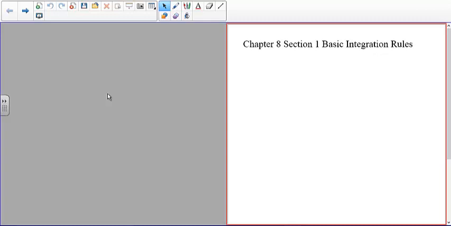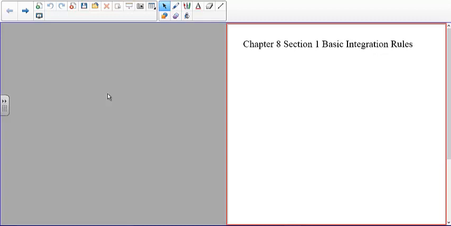The first section is kind of like a review of U substitution. Section 2, I think, is integration by parts. Section 3 is trig integration. Section 4 is trig substitution. Number 5 is partial fractions.